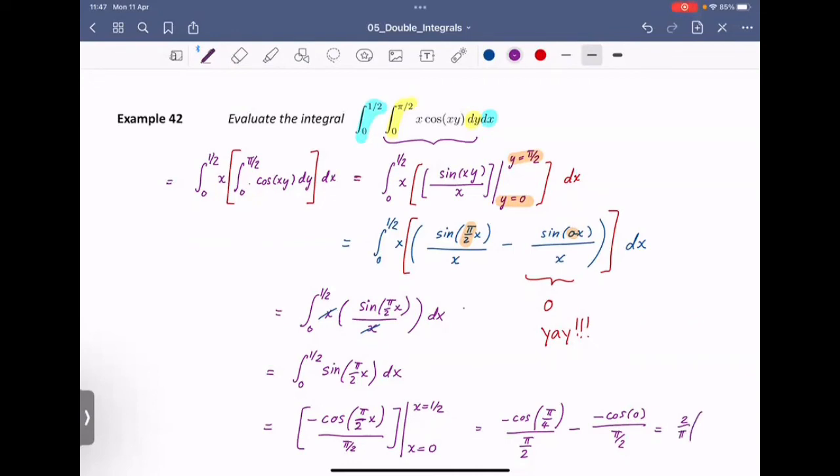Negative cosine pi over 4 is negative square root 2 over 2, and then cosine 0 is 1. So this is plus 1. All right, that is correct. Matches the answer that I have. So sounds good.